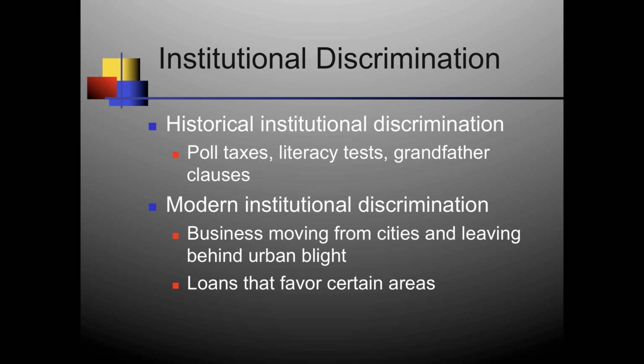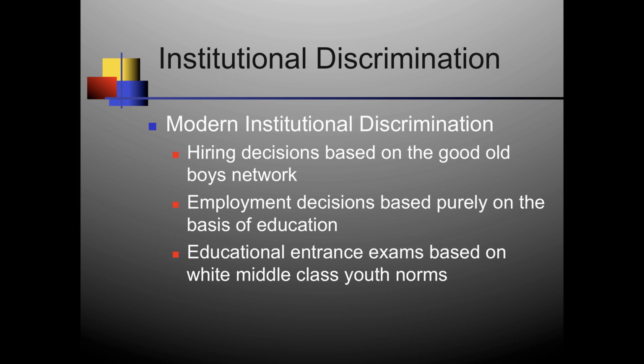But new kinds of institutional discrimination exist, and these are often economic in nature. Things like businesses that move away from the cities and leave behind urban blight, or what I mentioned before, redlining, which favors lending money at lower rates to areas that are predominantly white. And there are other ways in which institutional discrimination exists.